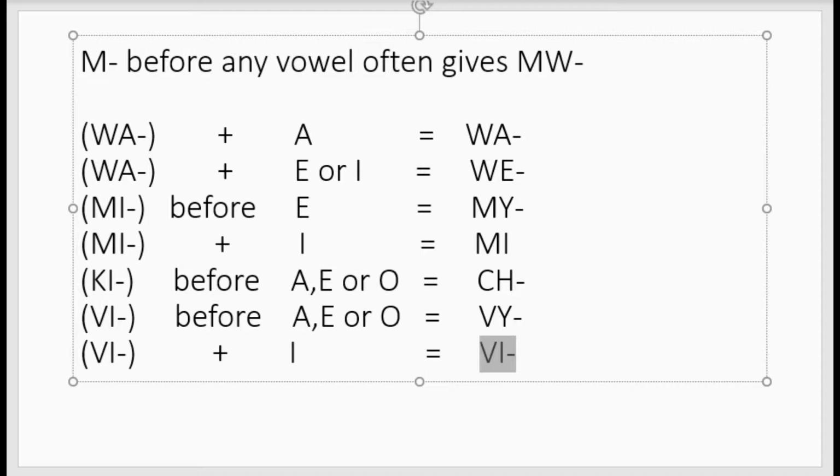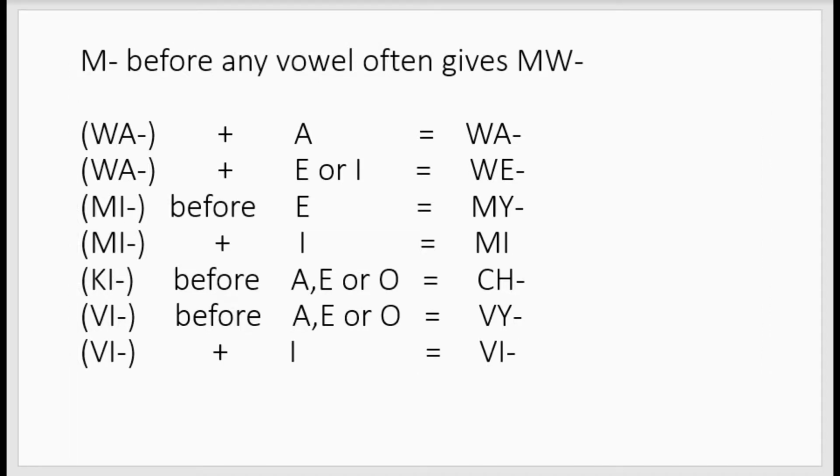Now the examples that we're going to learn will be based on classes. We're going to learn each one in its own class. So for example, start with the m-wa class, which we learned about when we were learning about noun classes.